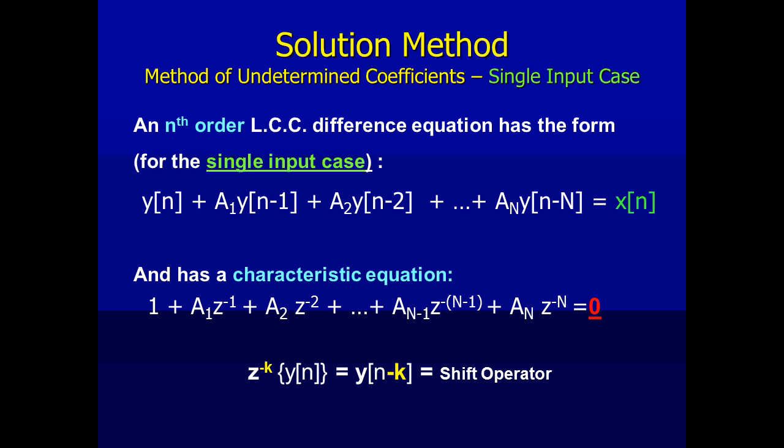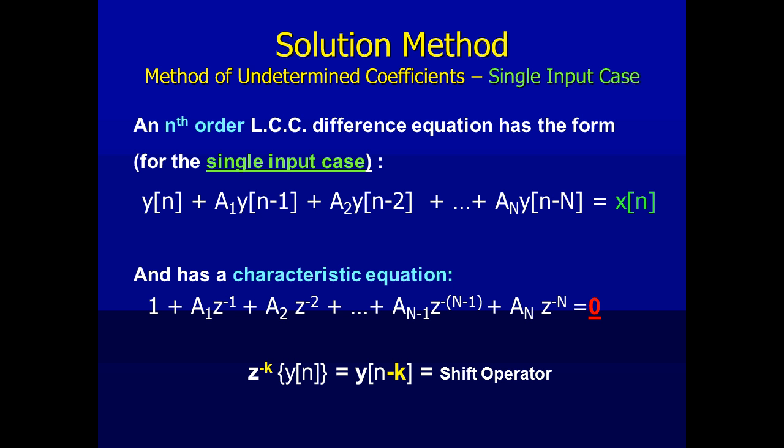So we rewrite our difference equation using this z operator. I have a y of n that isn't affected. I have a 1 half, and I'll need a delay, a z to the minus 1, operating on y of n, equals just x of n.